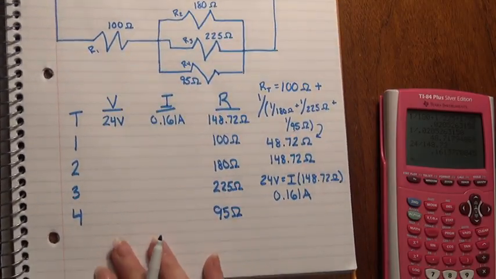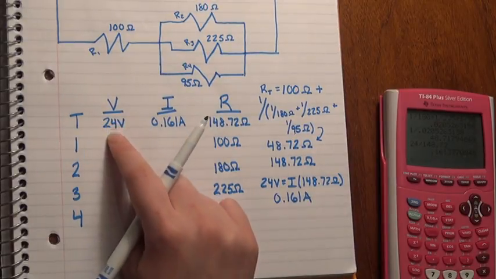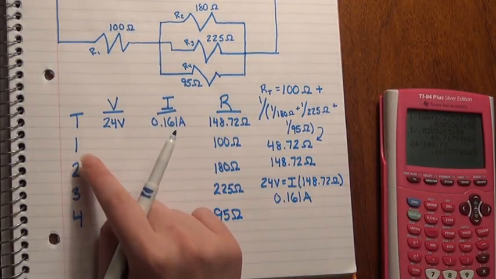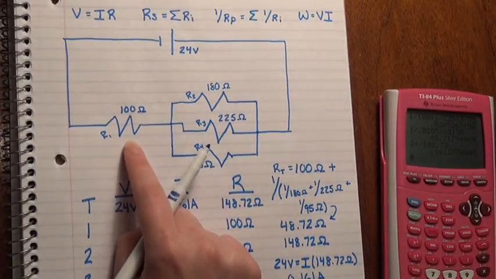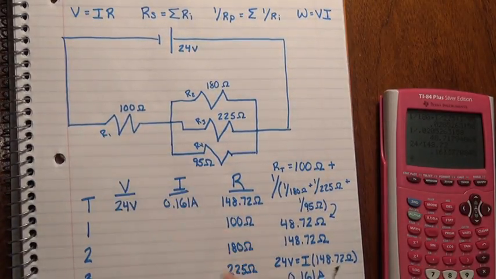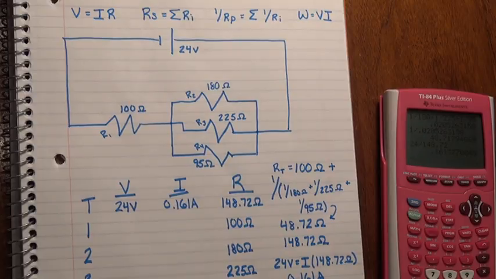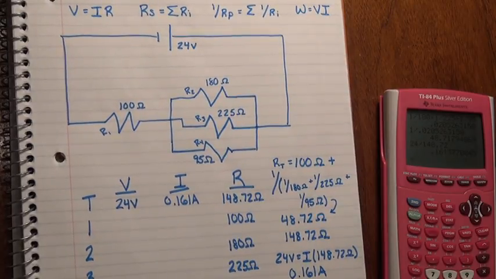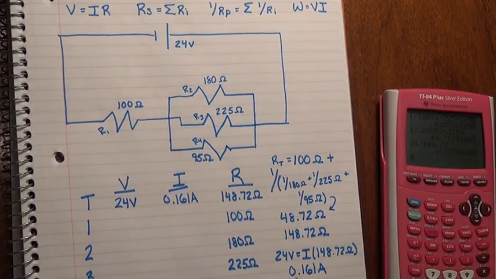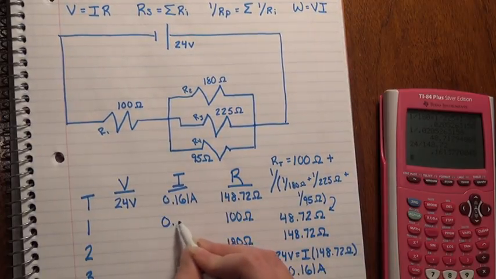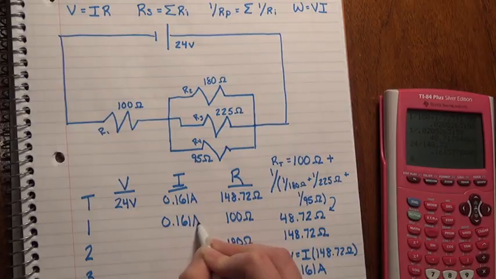So we have our resistances here and we have our total voltage here. Now, what we know is that because this resistor here is in a series circuit, the current across it is going to be the same as the total current, since that's a property of series circuits. So we can say that this is equal to 0.161 amps as well.